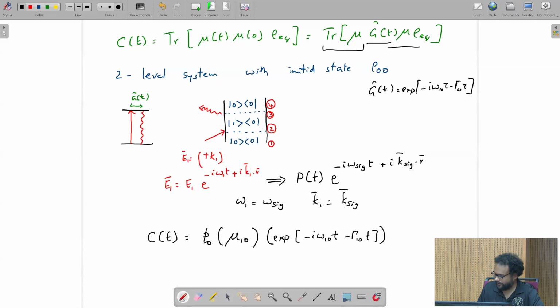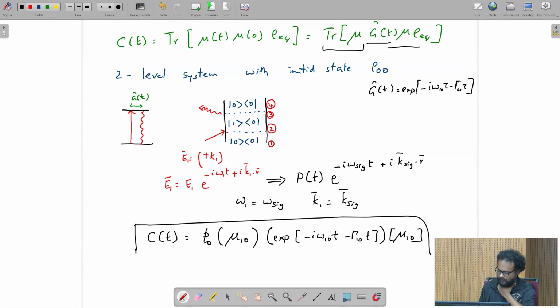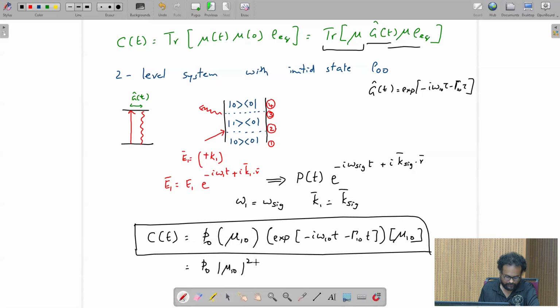And finally, you have to multiply by mu 1, 0 and take the trace. That's your correlation function. Basically, write down rho 0, 0, mu 1, 0 squared e to the minus i omega t. If I look at the diagram, I'm able to construct this.